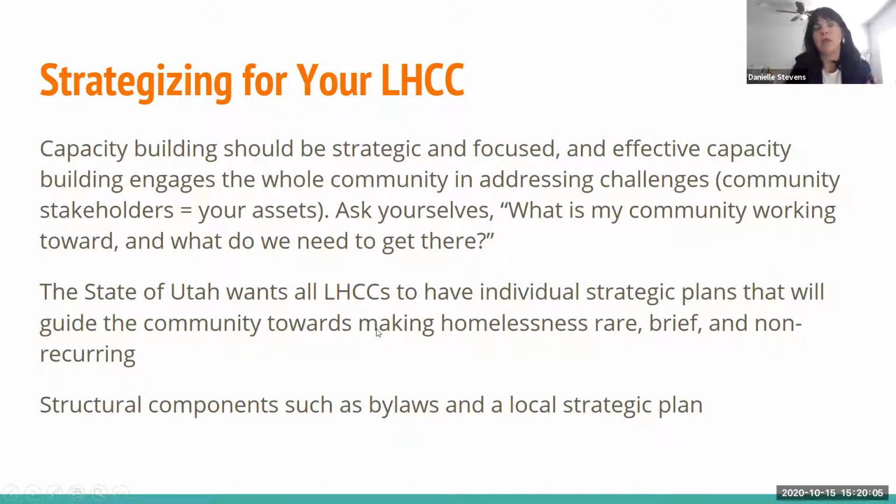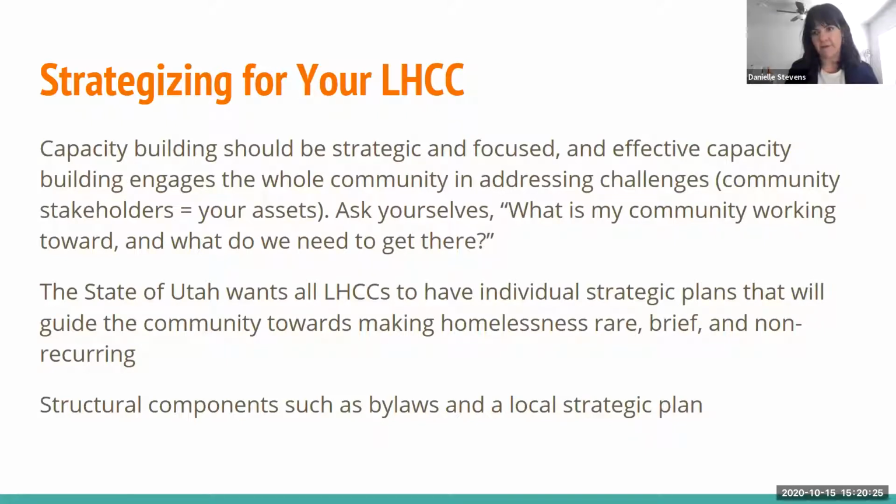So how do we apply these concepts of asset-based community development and using community engagement as a strategic process for strategizing in our individual LHCCs? Well, capacity building should always be strategic and focused.